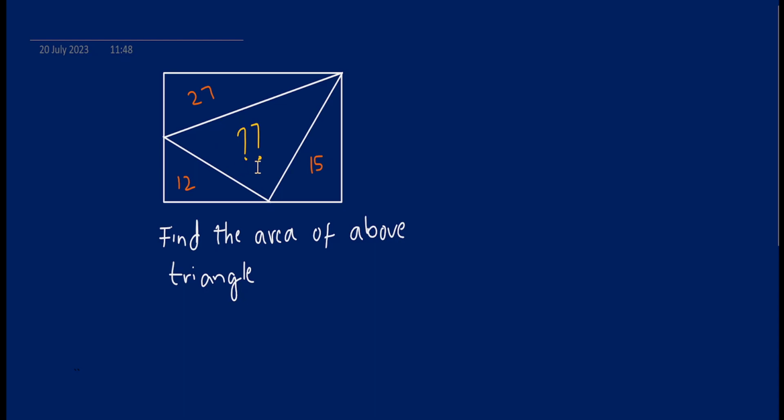Now, at first, this might seem like a geometry problem. But if you saw the previous problems, we had some equations and we solved the equations to get the unknowns. Here there are no equations, but we have to find some value.